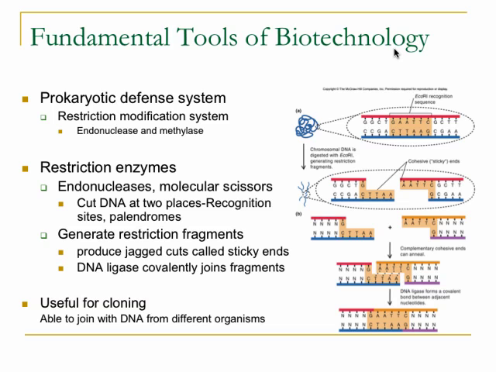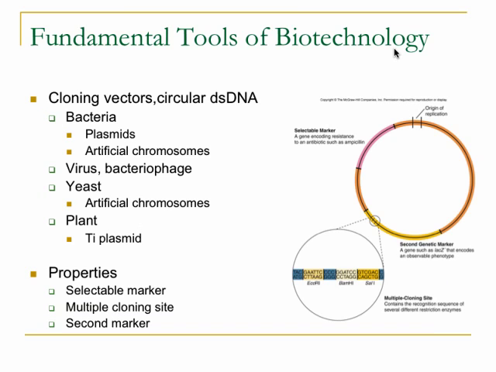So we won't always get recombinant DNA. It may still be just the regular plasmid DNA that results from this process. But when you do get a successful introduction of the foreign DNA into the plasmid, then that's a recombinant DNA molecule.